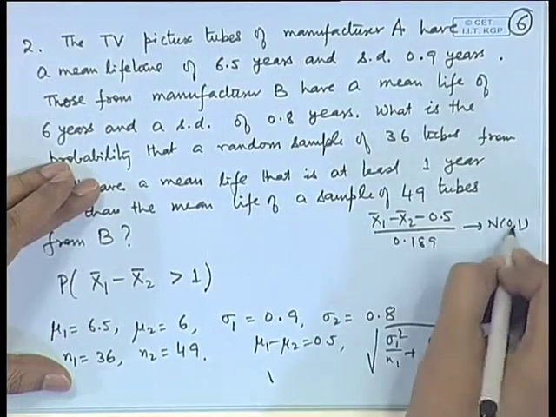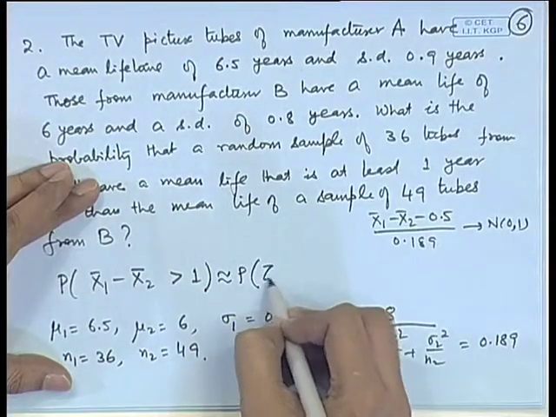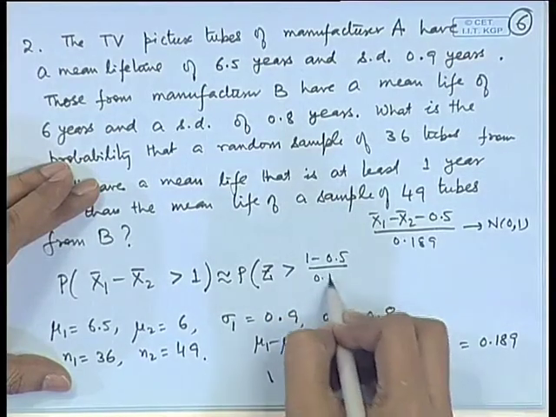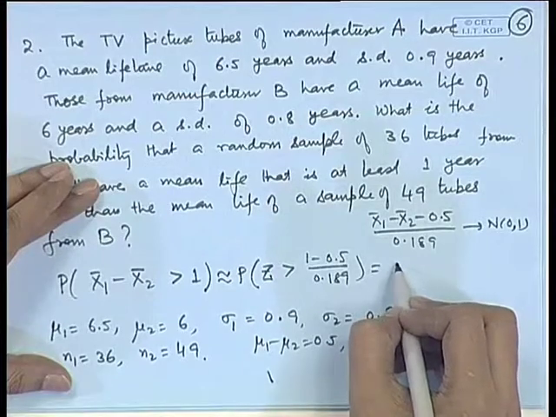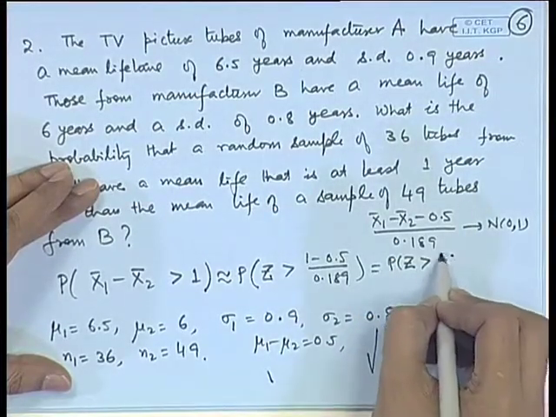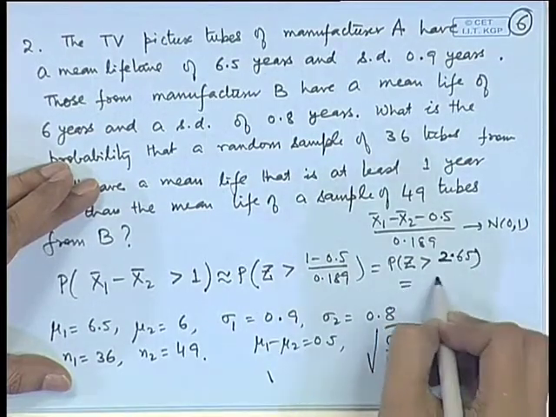So, if we have to calculate this probability, we can approximate it by the probability Z greater than (1 minus 0.5) divided by 0.189, that is equal to the probability Z greater than 2.65. So, if we see from the tables of the normal distribution, this probability is only 0.004.